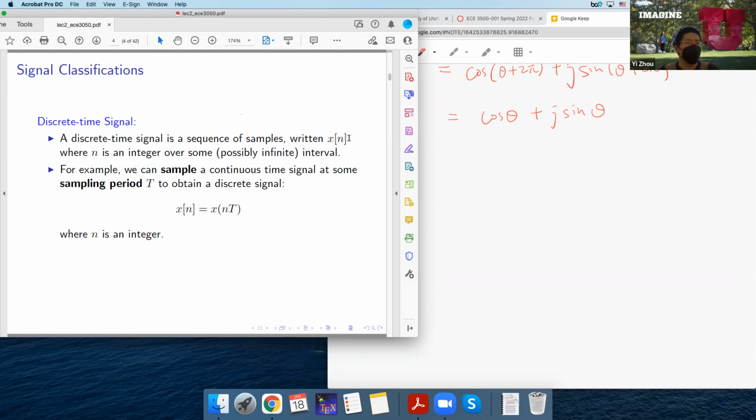We use brackets to distinguish from the continuous case, and we always use n to index the discrete time steps instead of t. Because it is discrete, n can only take integer values, which could be positive or negative.